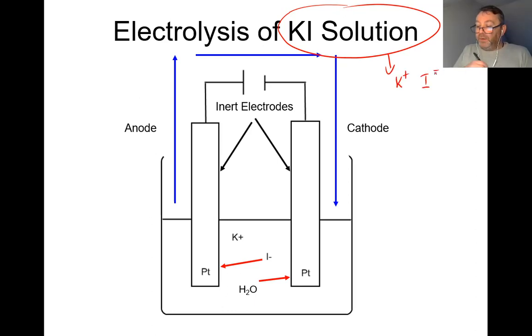Now also in there you have a solution of KI, so there's water in here also. So there are three things in your electrolyte. There's potassium ions, there's iodide ions, and then there are the water molecules that keep the iodide ions and the potassium ions in solution. So what we notice is this.